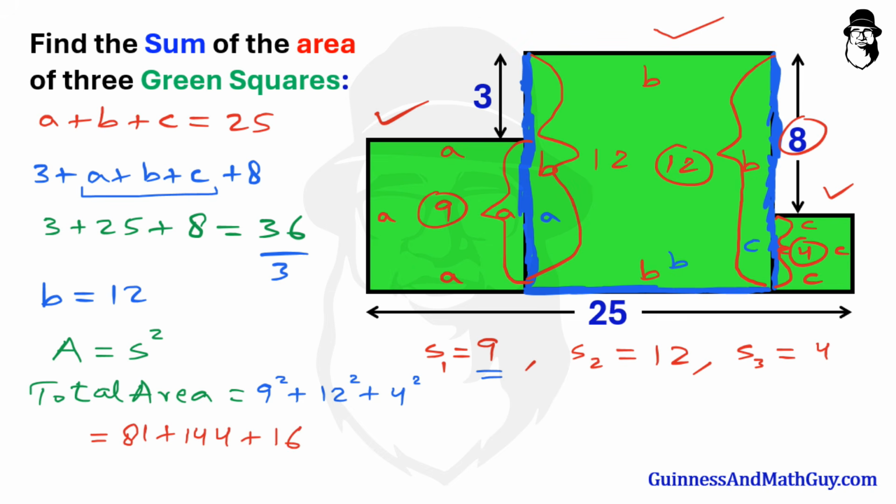And if we add all these three numbers, we have 241 square units, and that is our final answer.